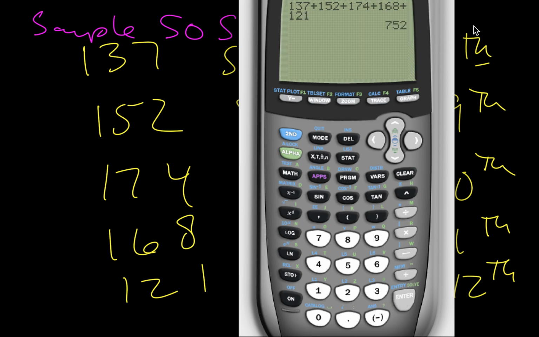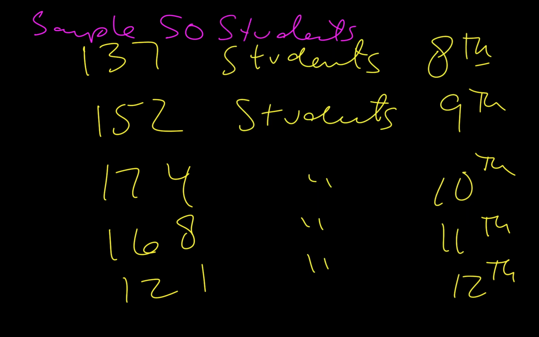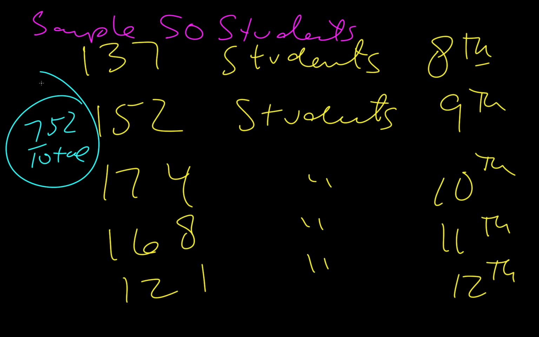Okay, so that's 752. So we have 752 total students. And so we need to know the number of students from each, like what percent each year is.